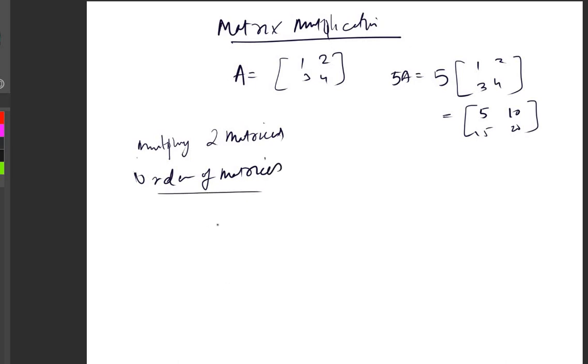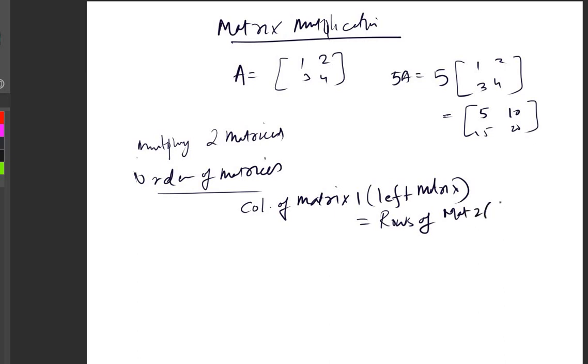The order rule is that the columns of matrix 1, or the left matrix, should be equal to the rows of matrix 2, which is the right matrix.